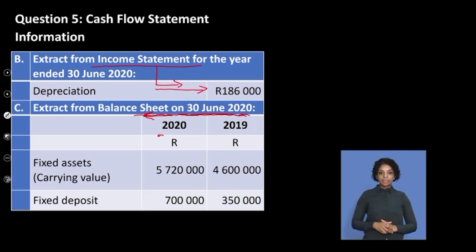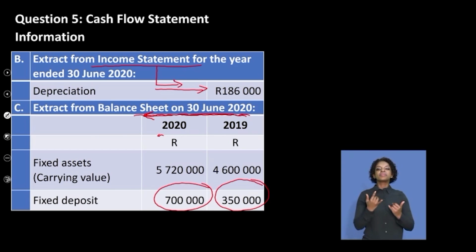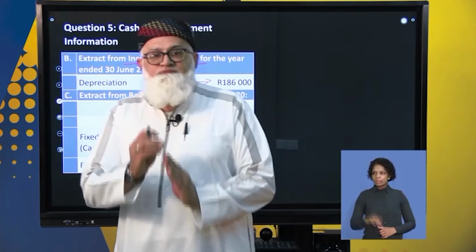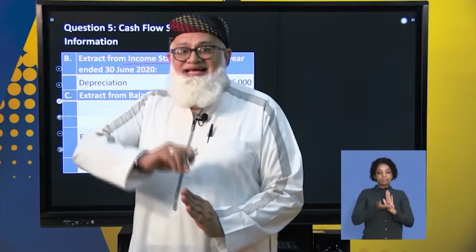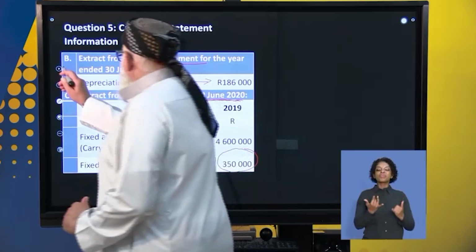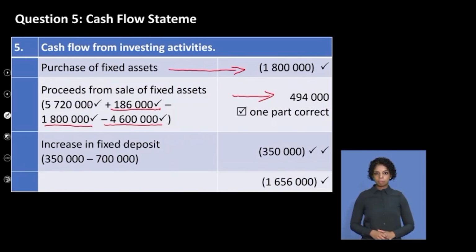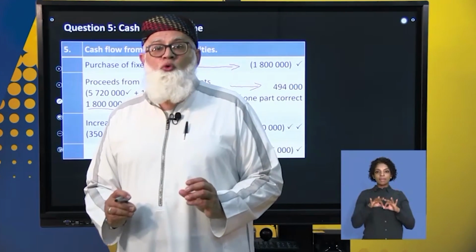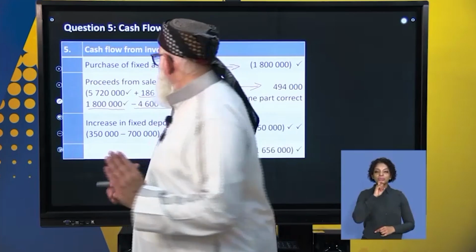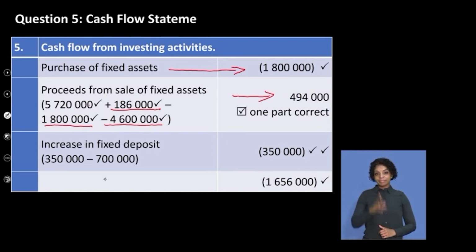My fixed deposit at the beginning of the year was 350,000, is now 700,000. So the question that you ask yourself is, what happened to the fixed deposit? Obviously, it increased. The asset increased in value. And therefore, when an asset increases in value, we are utilizing cash. What's this here?